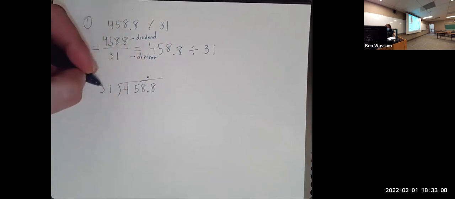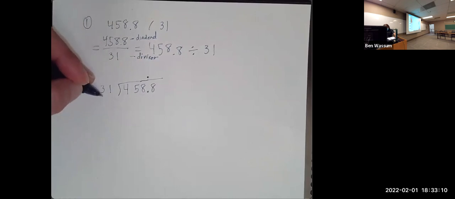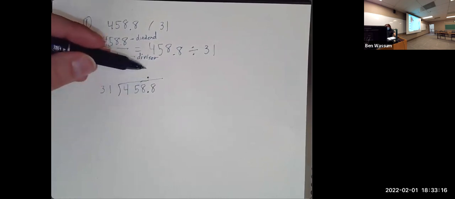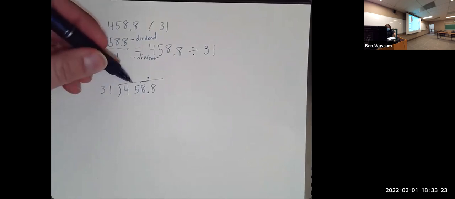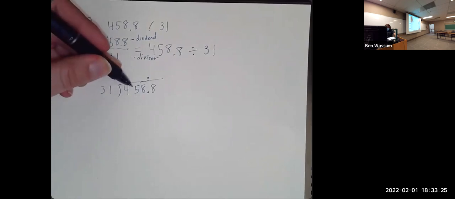Now we do long division as usual, except remember this decimal point, wherever it is right now, is going to go straight up. We didn't have to shift any decimals over because our divisor is already an integer. So we were good to just move that decimal place up. So we take our 31, look at the first two digits over here and say, how many times does 31 go into 45?